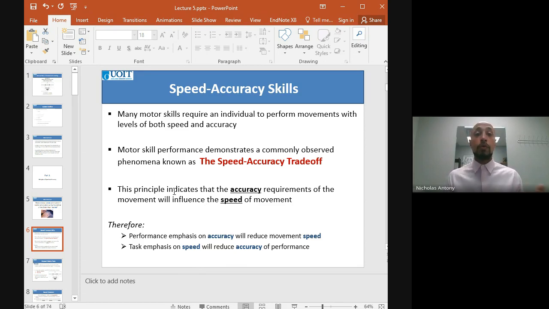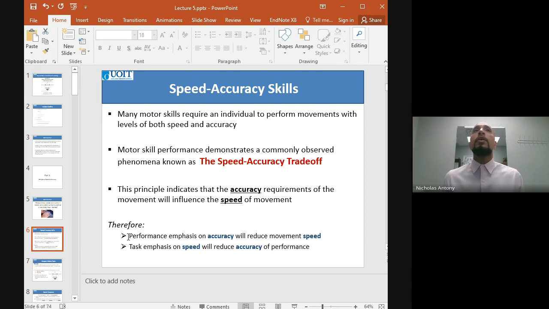And that's true in motor skills, but also in real life with multitasking. The speed accuracy trade-off suggests that a performance emphasis on accuracy will reduce movement speed. So if we tell someone to start doing something accurately, typically what happens is that the speed of movement tends to decrease. And why could that be? What would be one reason why that would occur?